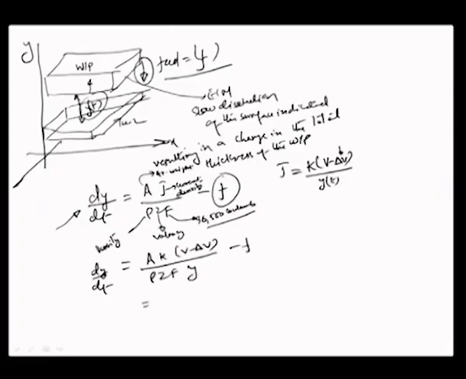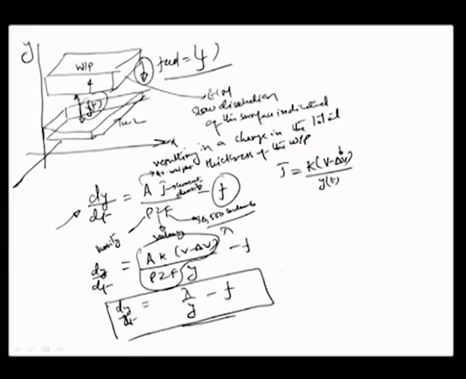We assumed this whole term to be some constant lambda, which is dependent on the setups and processes, and we can write this whole expression as lambda by y minus f. So eventually that's what dy by dt, or the rate of change of the gap between workpiece and tool, would amount to. This is the component coming from the dissolution of the surface, and this is the component coming from the feed of the workpiece towards the tool.